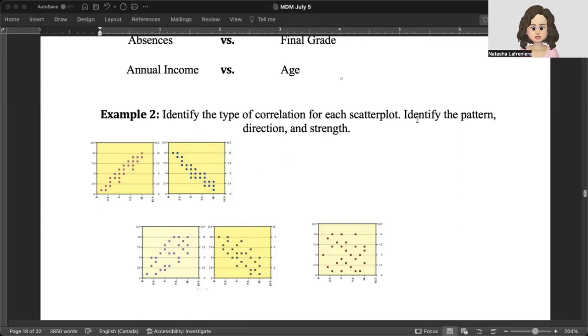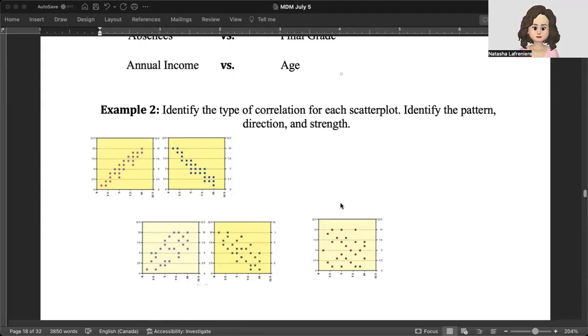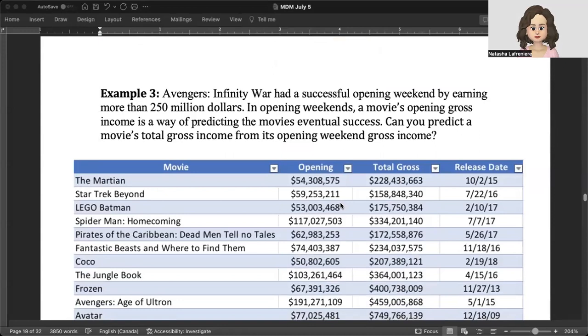So I'm clearing this. As for example 3, we have the Avengers Infinity War had a successful opening weekend by earning more than $250 million. In opening weekends, a movie's opening gross income is a way of predicting the movie's eventual success.